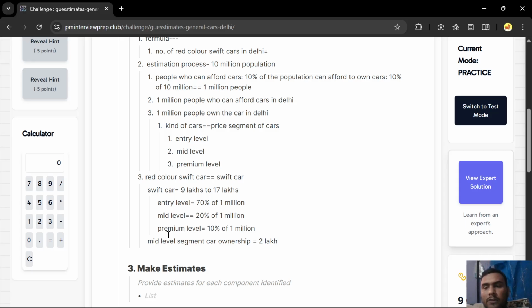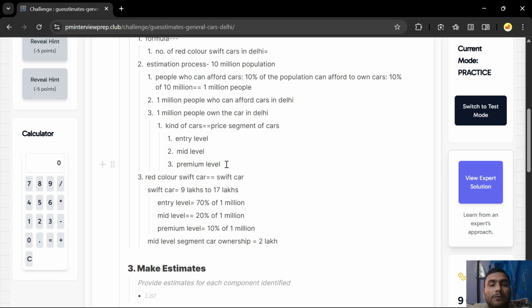Because I believe that most of the people in Delhi, 70% to 80%, do not own a car. They travel through public transportation or they have a two-wheeler for their transportation.